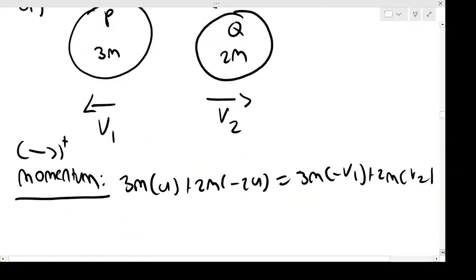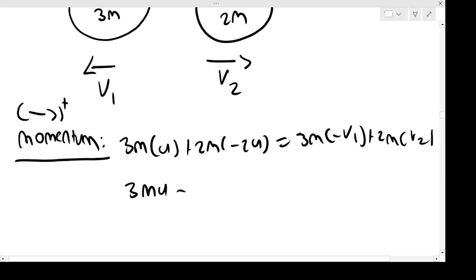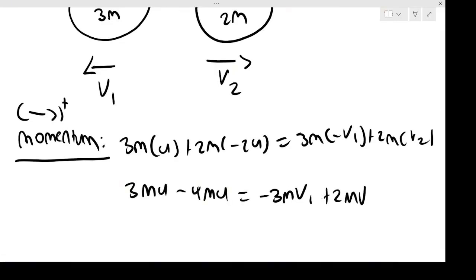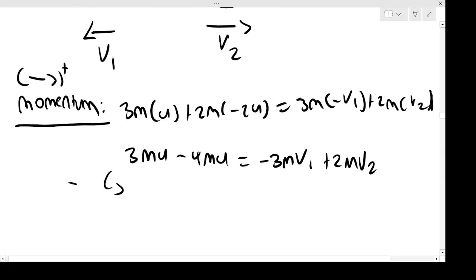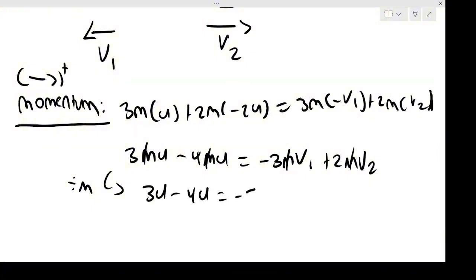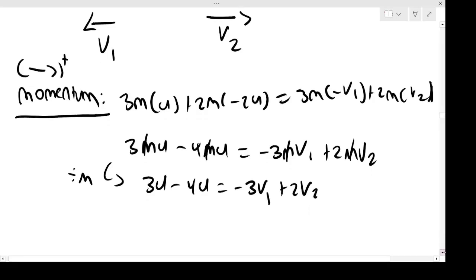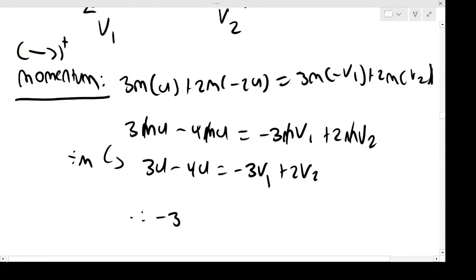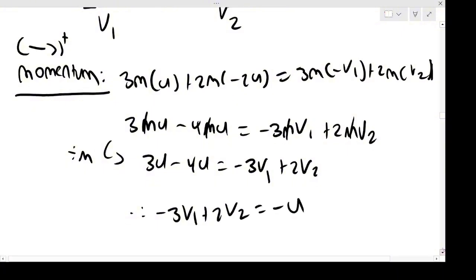And so we can simplify this to get 3mu minus 4mu equals minus 3mv1, add 2mv2, okay? We can divide by m, cancel all the m's. So I get 3u take away 4u is minus 3v1, add 2v2. And so hopefully we can see we're going to get minus 3v1, add 2v2 equals minus u. Okay.